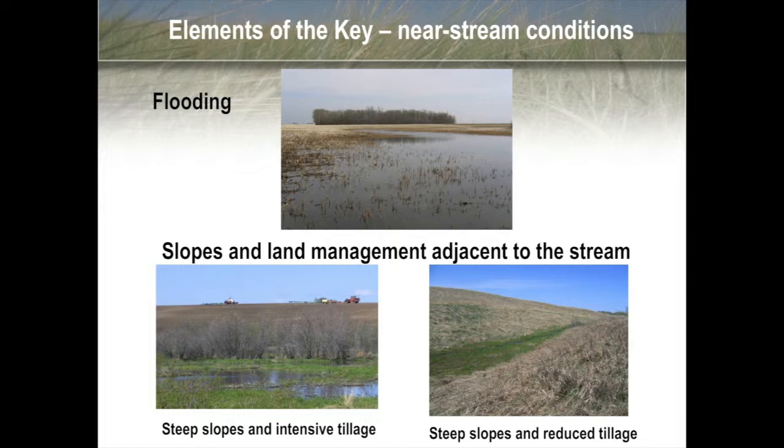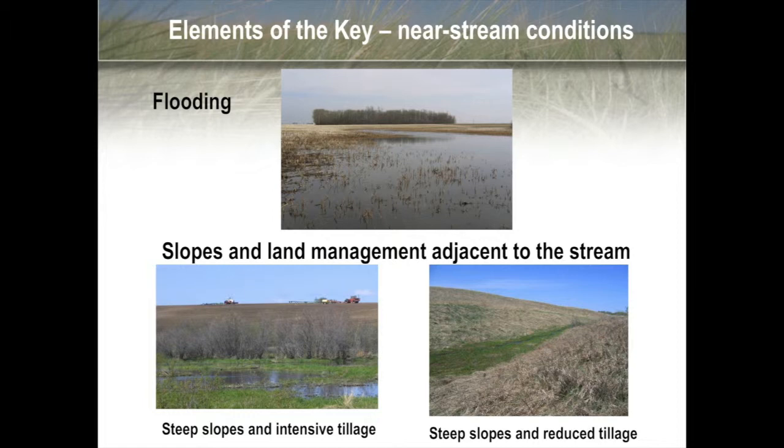So if it's not an area that floods frequently, then we move up and start looking at the bank, or the near stream conditions, and the slopes that are coming down to the stream. We ask how steep the slopes are, and because this tool was developed for the prairies, we tended to think mostly about grains and oilseeds in terms of the cropping systems. So we ask questions about the tillage. Is it intensive tillage?